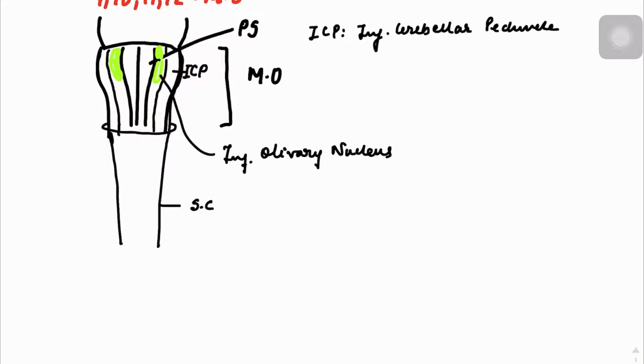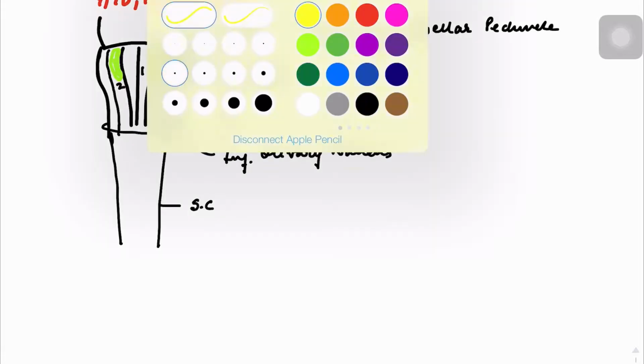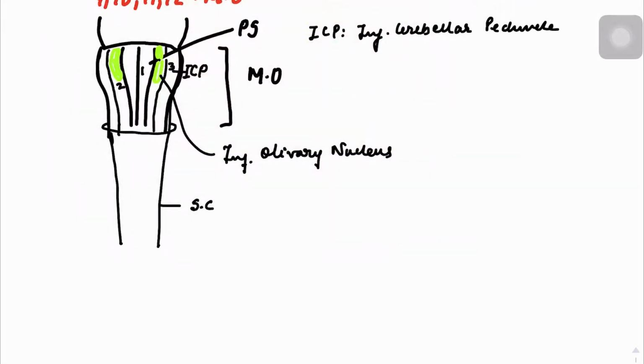From medial to lateral we had pyramidal swelling, number 1. Then we had the swelling next to the pyramidal area, that is the inferior olivary nucleus, number 2. And number 3 is our inferior cerebellar peduncle. Now between the inferior cerebellar peduncle and the olivary nucleus, I get some nerve fibers which are the origin of my glossopharyngeal nerve.